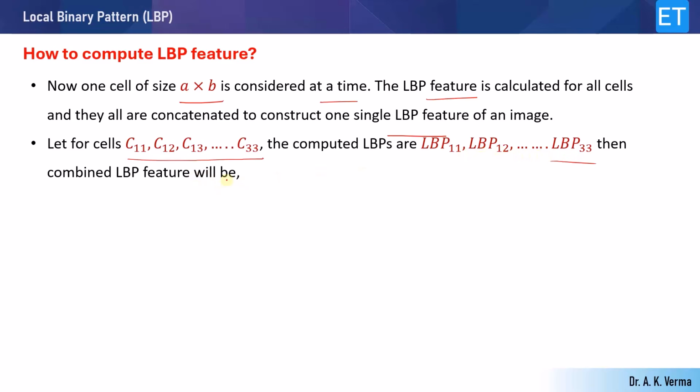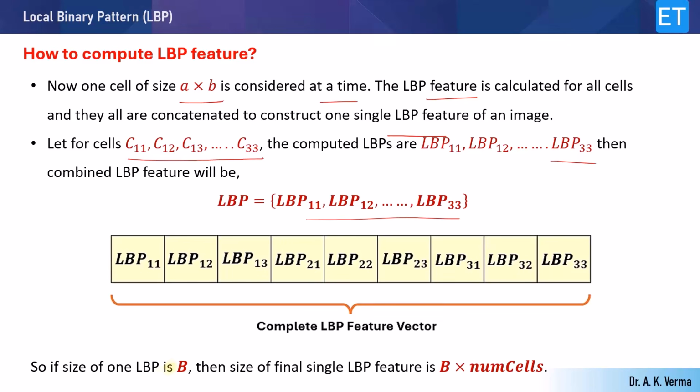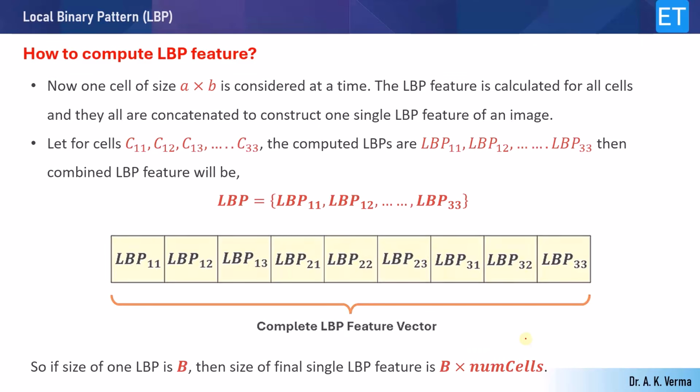Then the combined LBP feature will be simply the concatenation of all these LBPs of individual cells, like this. So the size of one LBP is, let's say, B. Then the size of the total feature vector will be B into the number of cells.